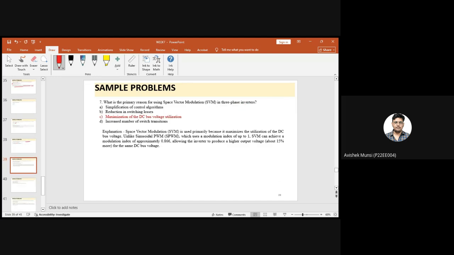So it is used for maximization of the DC bus voltage. In case of SVM, it is used for maximum utilization of our DC bus voltage.